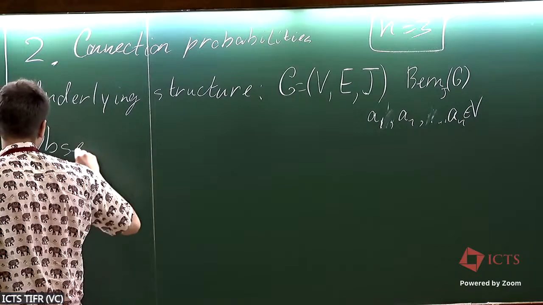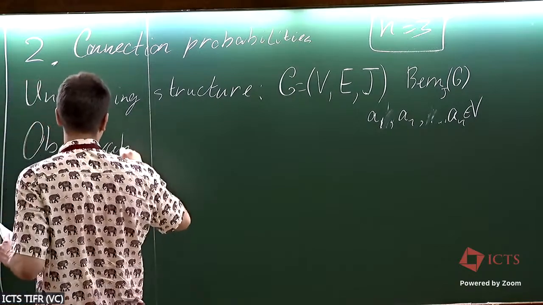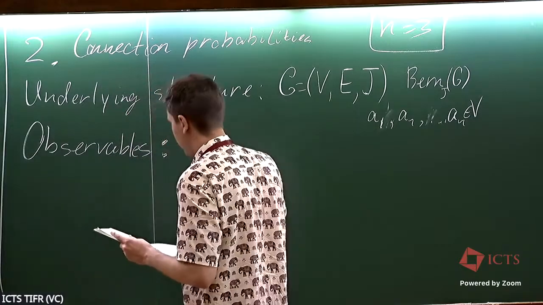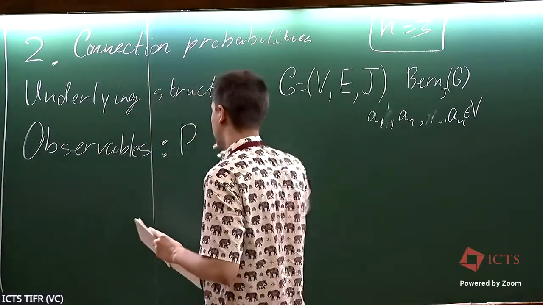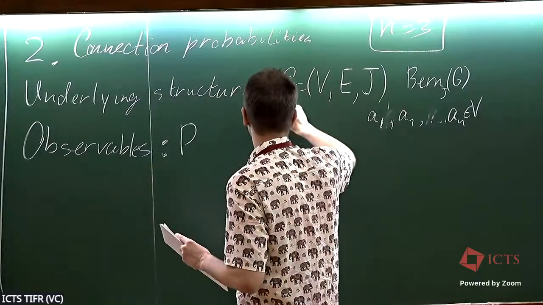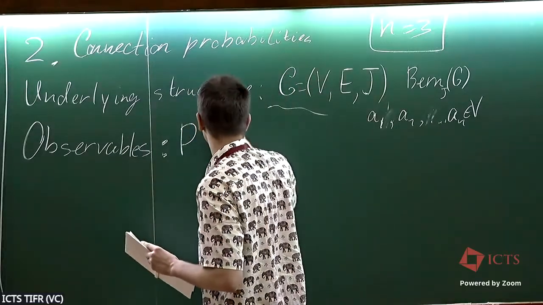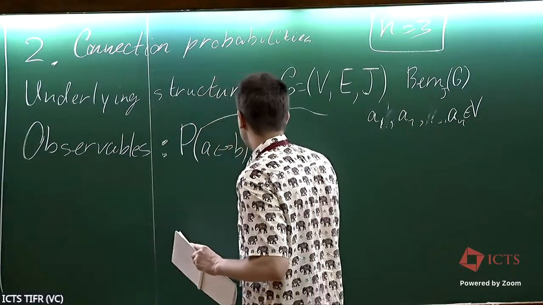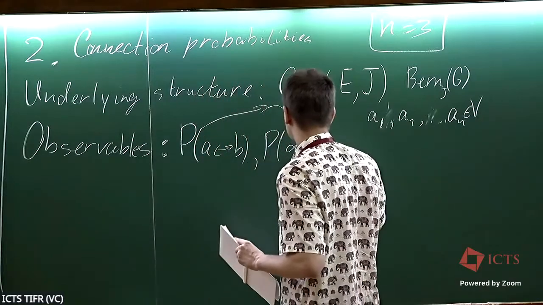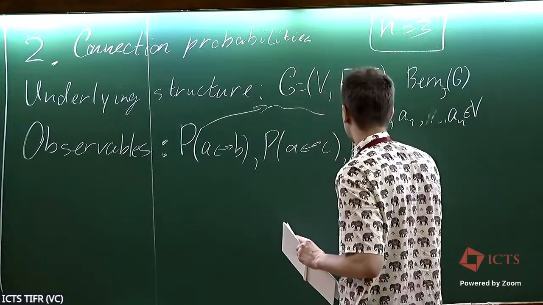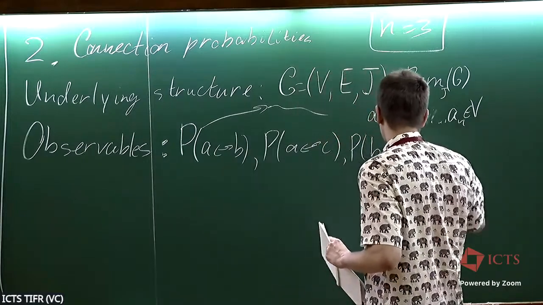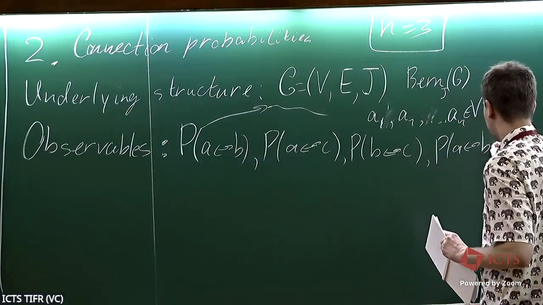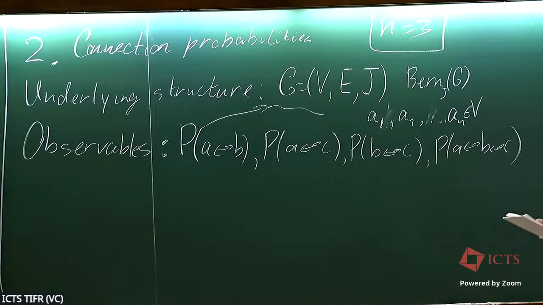I can only see the connection probabilities. So I can see the probability, in this setup, so P refers to the setup above, that A is connected to B. I can see the probability that A is connected to C. I can see the probability that B is connected to C, and I can see the probability that A, B, and C are in the same cluster.